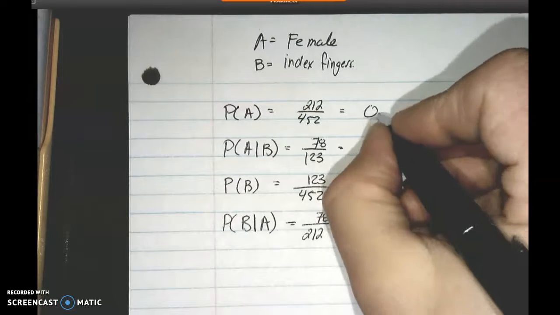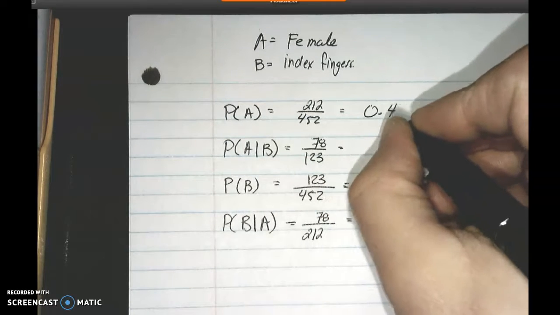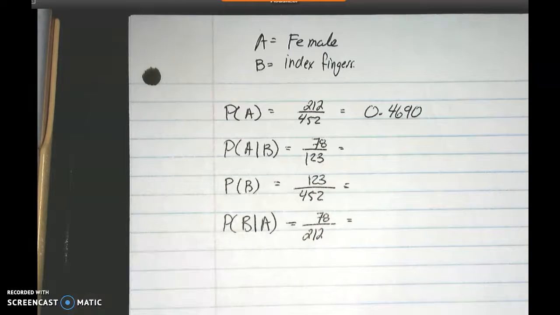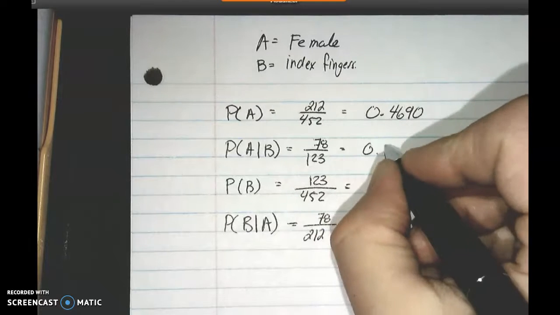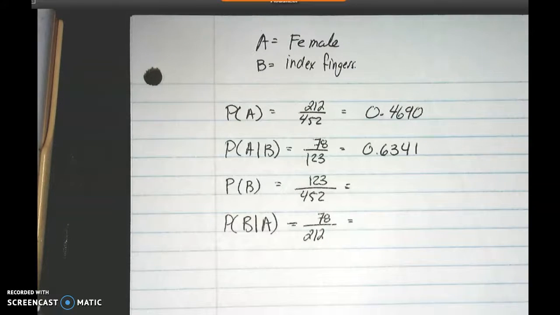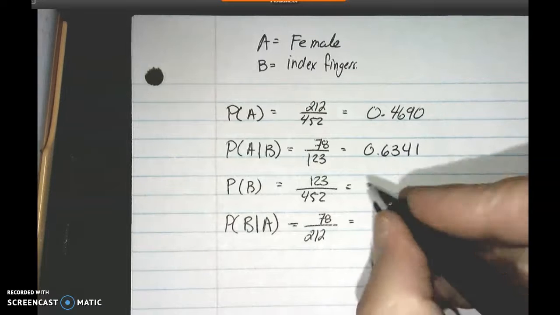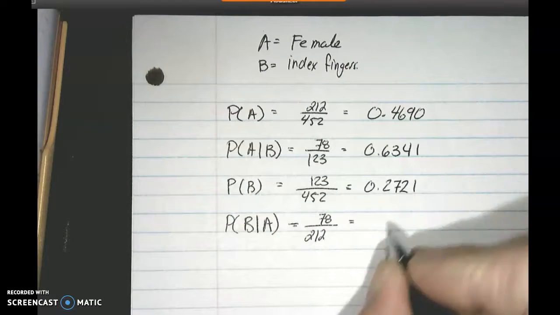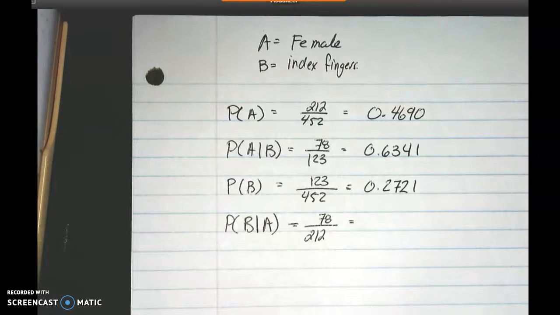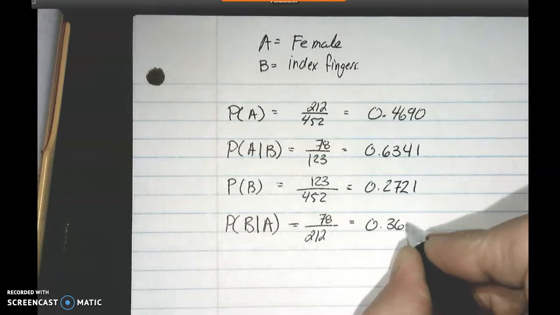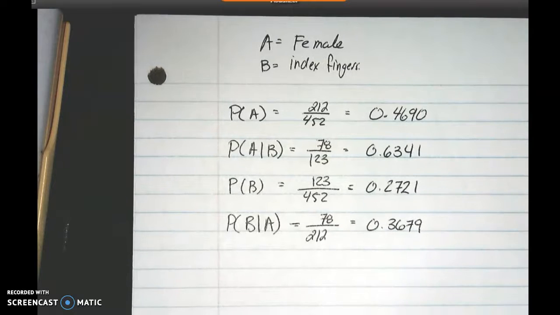Okay, so what I need to do is my calculator real quick. So let's see here. I got 4690. 78 divided by 123, I got 0.6341. And 0.2721. And that's that.